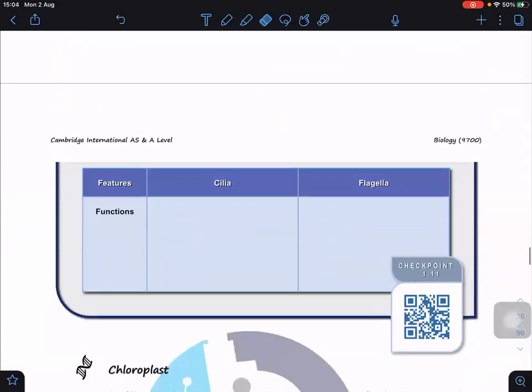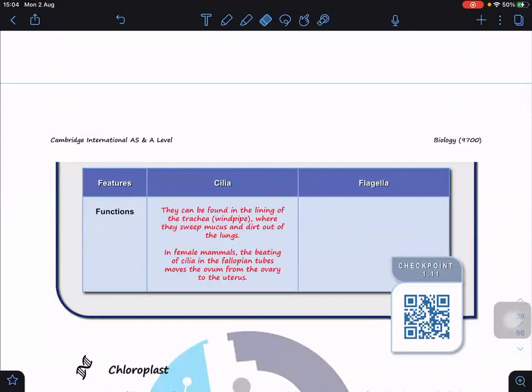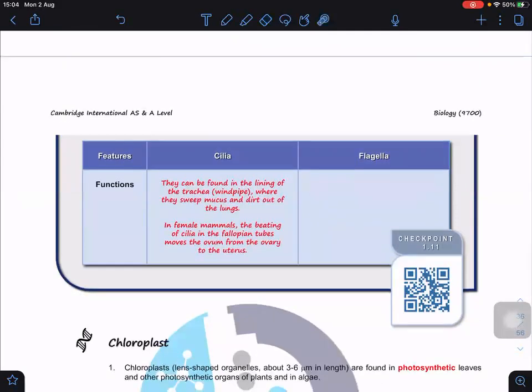In terms of functions, cilia are more involved in the lining of the trachea, where they sweep the mucus and dirt out of the lung. Or in female mammals, the beating of cilia in the fallopian tube or oviduct moves the ovum from the ovary to the uterus. This is where you can find cilia.